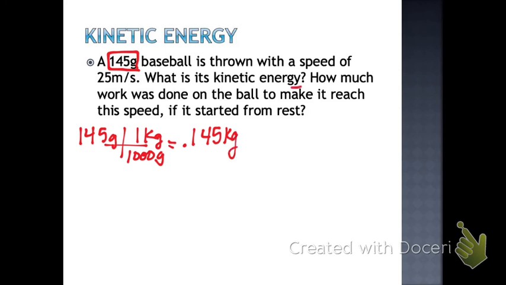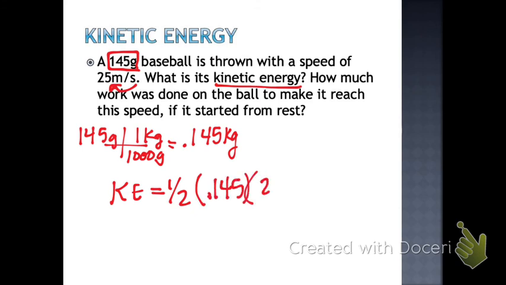I want to know its kinetic energy at the time it's moving 25 meters per second. So I'm going to say KE equals 1/2 times m times v squared. I got 45.3 joules.